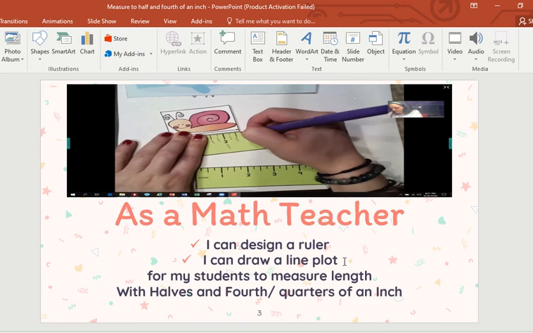And then after it, you will be able to draw a line plot, but this is the next step. First, today we will talk about designing a ruler. So as a teacher, you will be designing a ruler to help your students measure lengths with halves and fourths. To the fourths, we can also say 4/4 of an inch.